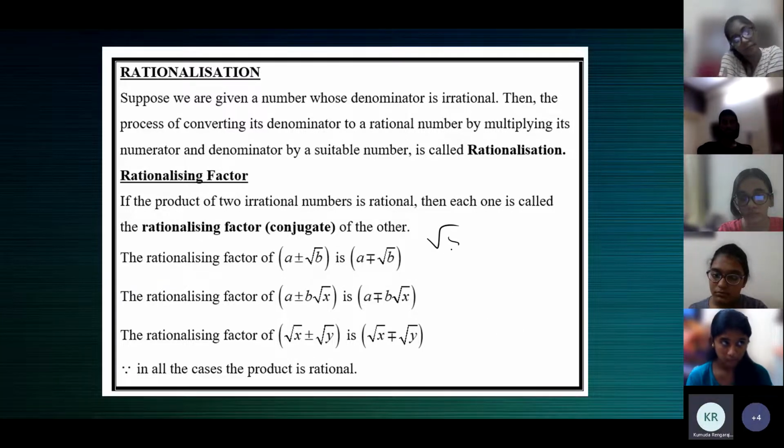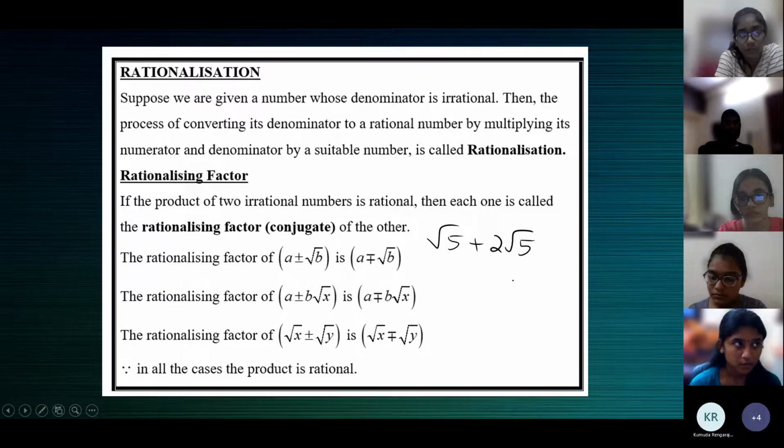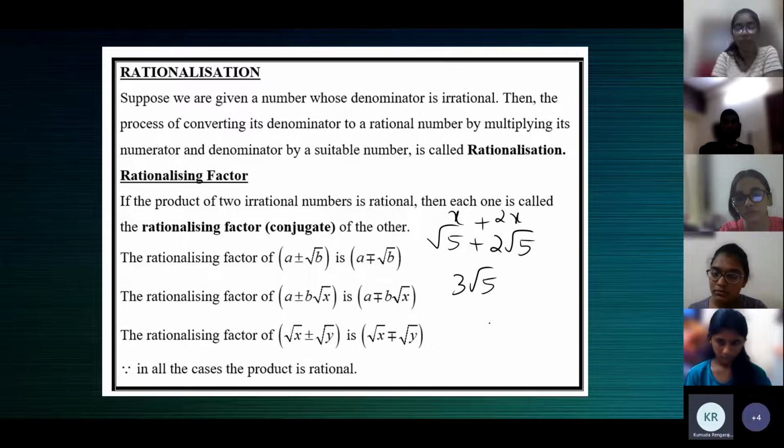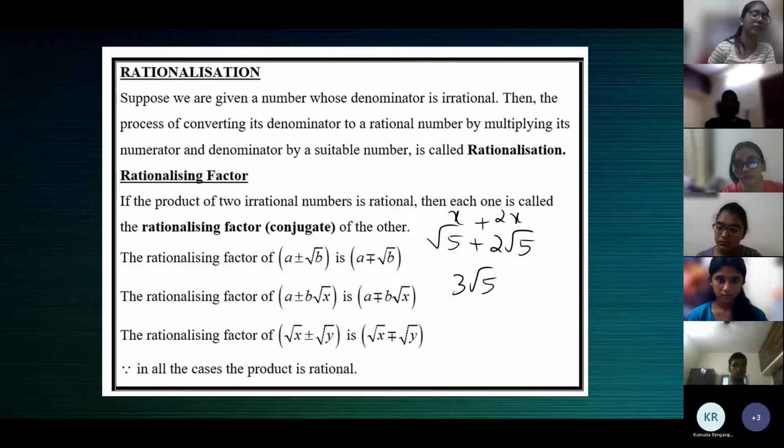What is root 5 plus 2 root 5? 3 root 5. It's like x plus 2x, which is 3x. Correct.